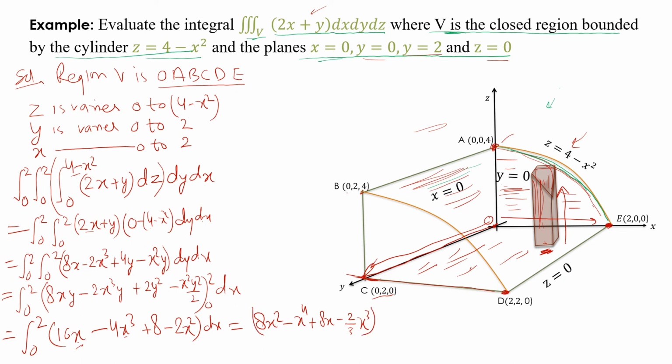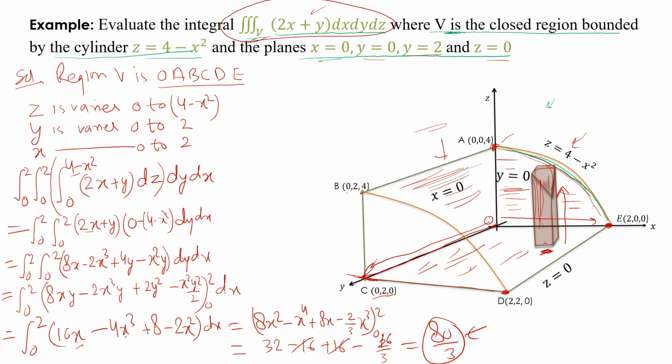You apply the limit 0 to 2. So we get 32 minus 16 plus 16 and 16 by 3. On solving, we get 80 by 3. So that's the value of that integral in that particular region.